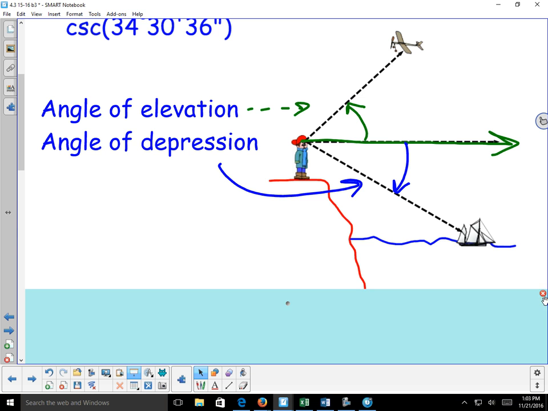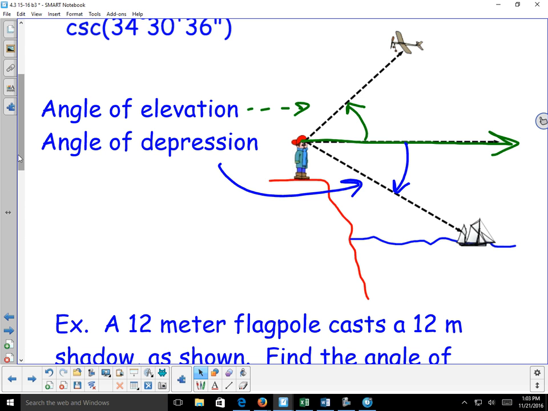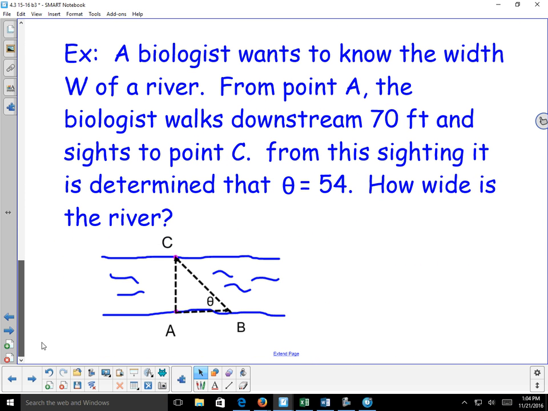So I want to skip that example. Let's take a look at this one. A biologist wants to know the width, W, of a river. Here's our river here. This is going to be the width this way from A to C. So she starts out at point A, and then she walks downstream 70 feet until she gets to point B, and then she sights to point C, which was directly across the river from where she started.